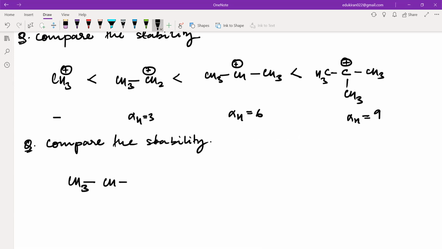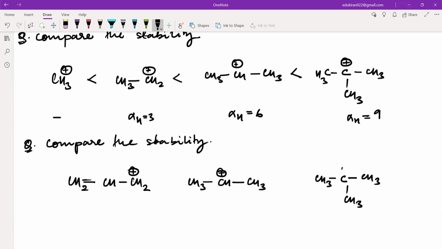CH3, CH2 double bond CH, CH2 positive. Then another structure that we have is CH3, CH, CH3 with a positive charge. Then we have this one, CH3, C, CH3, CH3, with a positive charge.